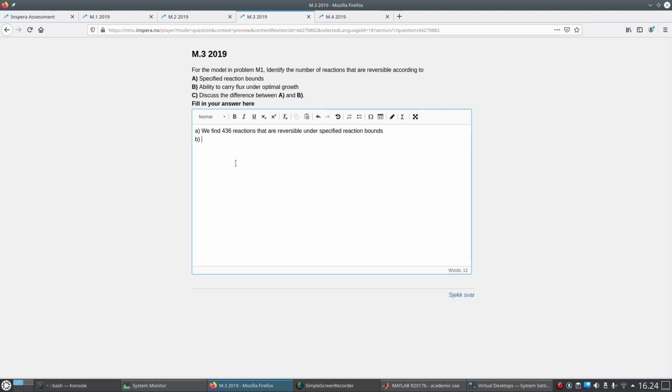Okay, and now on the ability to carry flux under optimal growth, that's the second criterion we want to check for reversibility. And this is a bit trickier, because we might have reactions that are in the general sense reversible, but aren't de facto reversible under the conditions necessary for optimal growth.